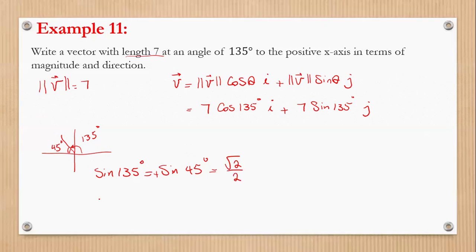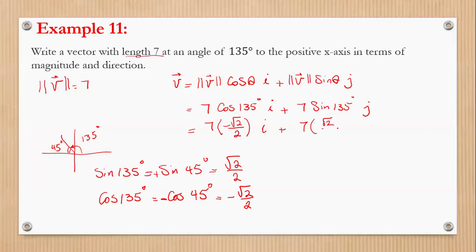To find the cosine of 135, again I'm going to use the reference angle, which means the cosine of 135 is the same as the cosine of 45, but since in the second quadrant the cosine is negative, I have to keep it negative. And the answer is negative root 2 over 2. So I'm just going to replace negative root 2 over 2 for the cosine and positive root 2 over 2 for the sine.